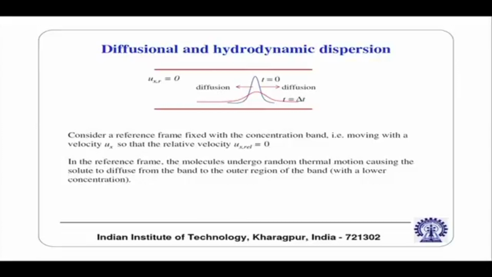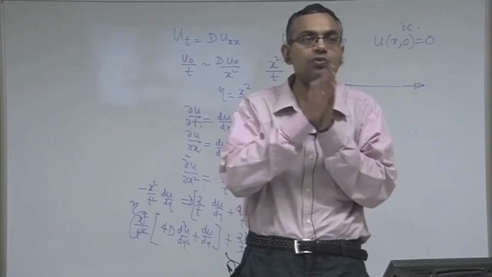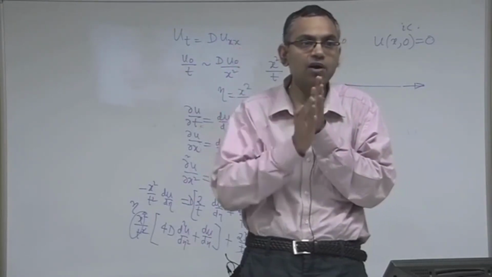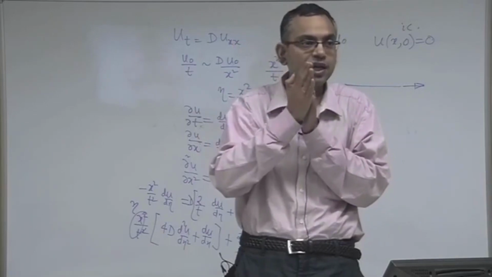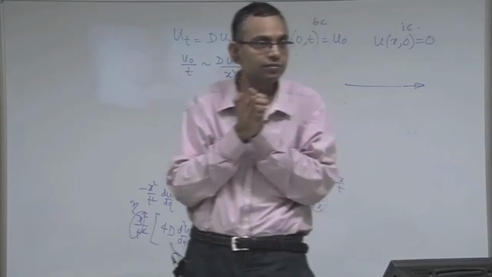Still there is a net advective transport, because the reference frame may translate with an average velocity, but along the transverse direction there is a deviation from the average fluid velocity because of the velocity profile.